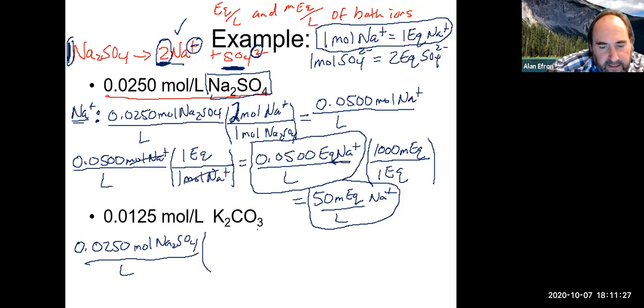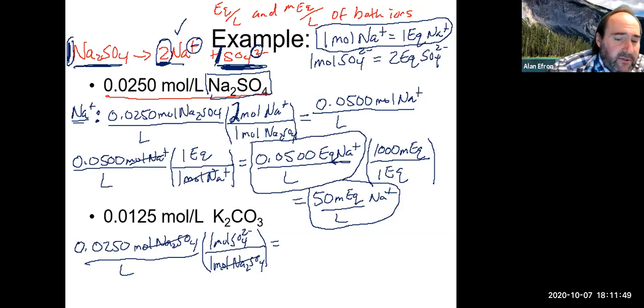Now, when we look at the relationship between the whole thing and sulfate, it is a 1-to-1 relationship, which means in 1 mole of the whole thing, I have 1 mole of sulfate. Again, this is going to get rid of the whole thing and get us into just the sulfate. And that would give me 0.025 moles of sulfate per liter.